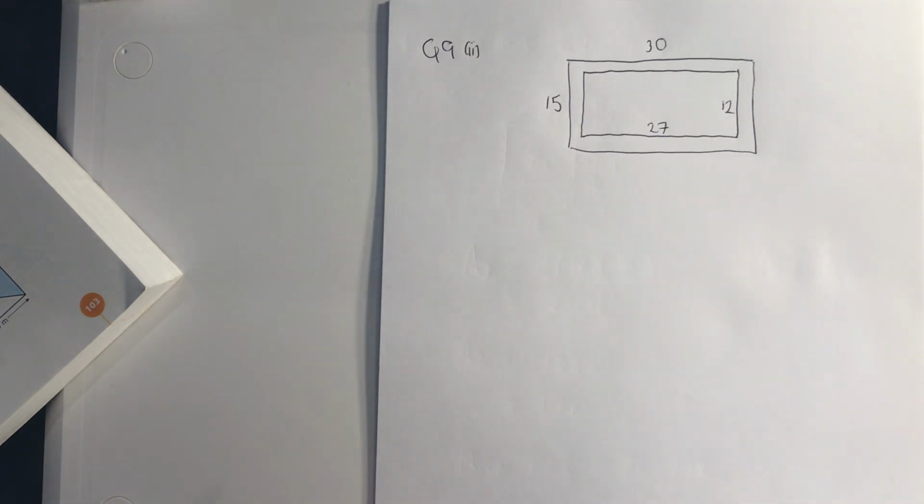There are a number of ways of doing this. The most straightforward one is to think about this as being a rectangle with another rectangle taken out of it. That's the easiest way of doing it.